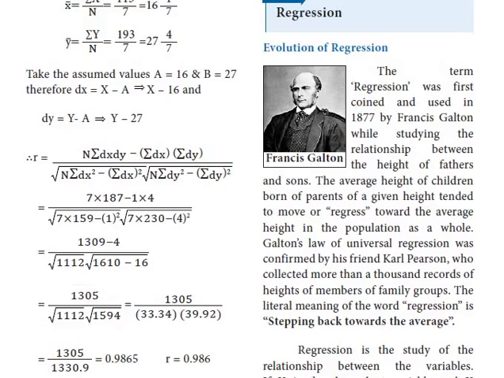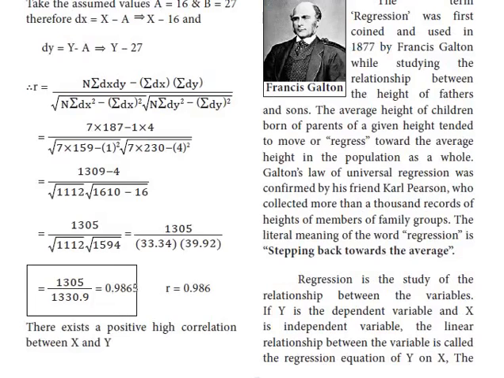So you can take separate roots also. So root of 1098 is 33.14 and the root of 1594 is 39.92, and multiplying both the values it gives you 1330.9, and the numerator remains the same, 1305.